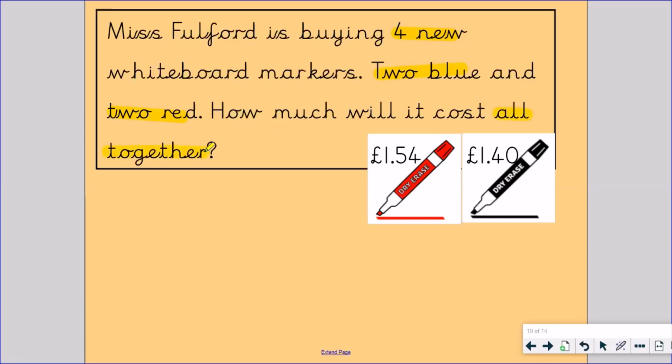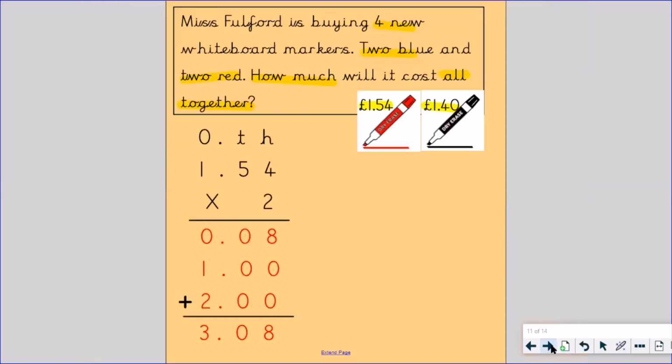So I know that ultimately I need to find out how much 2 blue whiteboard markers cost, how much 2 red whiteboard markers cost, and then I need to add those 2 together. Okay, so that will give me the 4. Okay, so now I've got that information.